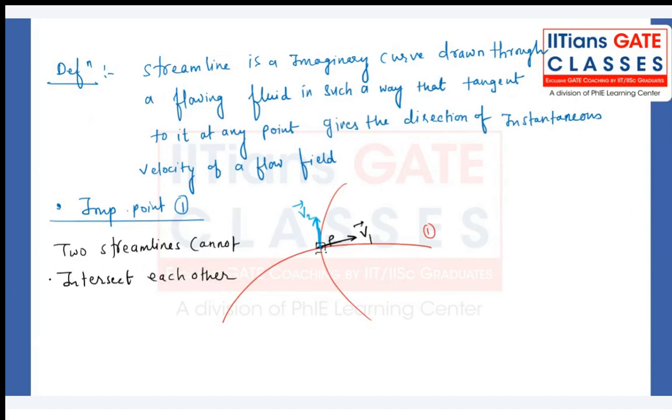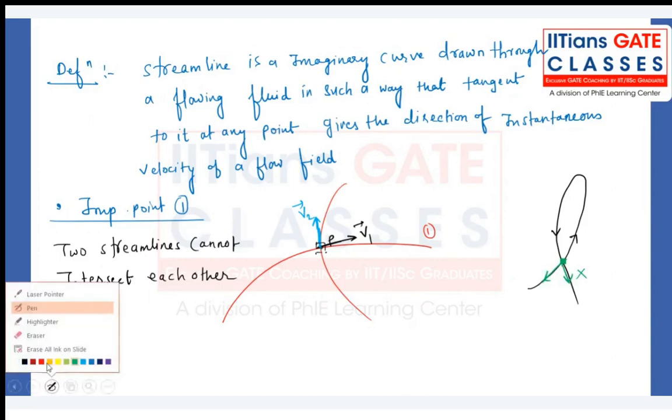Can a single streamline cross itself? The same streamline, the flow is happening like this. Is it possible? Once again, that is not possible, because at the point of intersection you will have two tangents, here and here. Once again, two tangents are not possible. That is a discontinuity, so we don't define the velocity field as a discontinuous function.